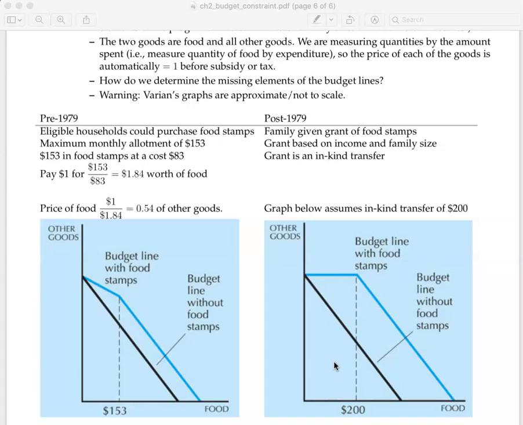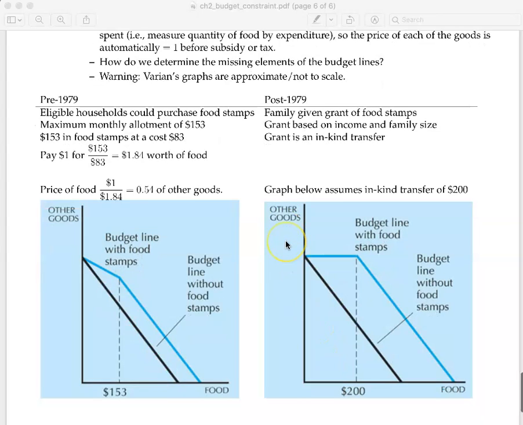And so effectively, both the price of food and other goods is equal to 1. You spend $1 on food, you get 1 unit of food. So there's some information here, but we're going to get an extension and implication question about filling in the missing components from Varian.